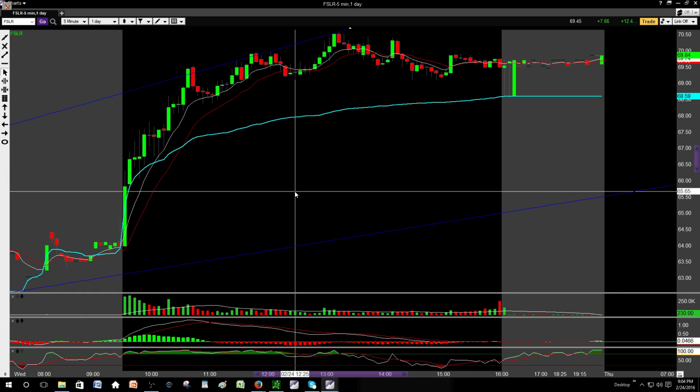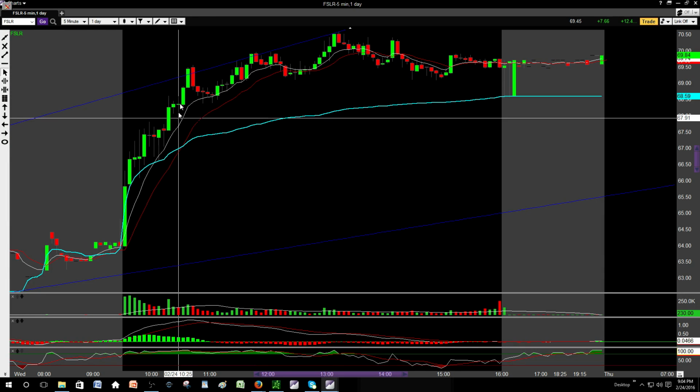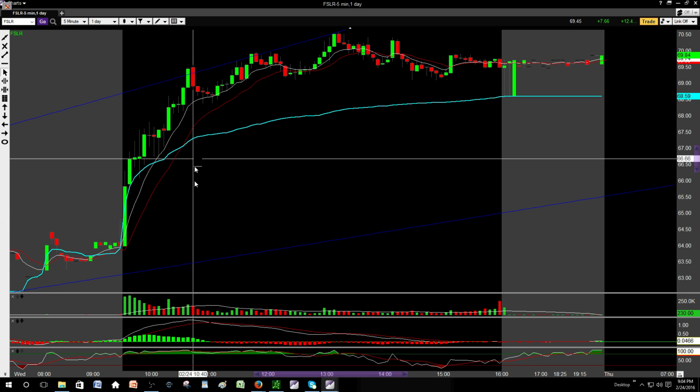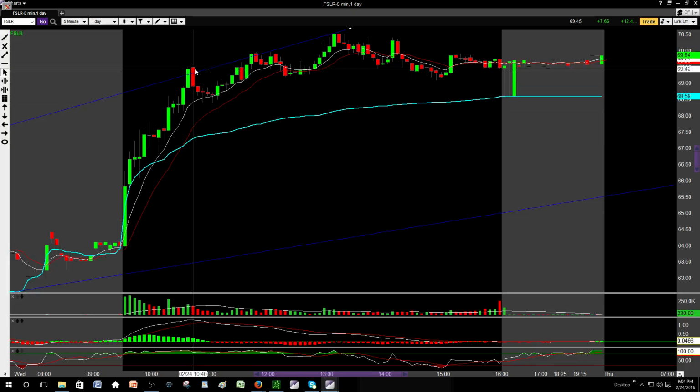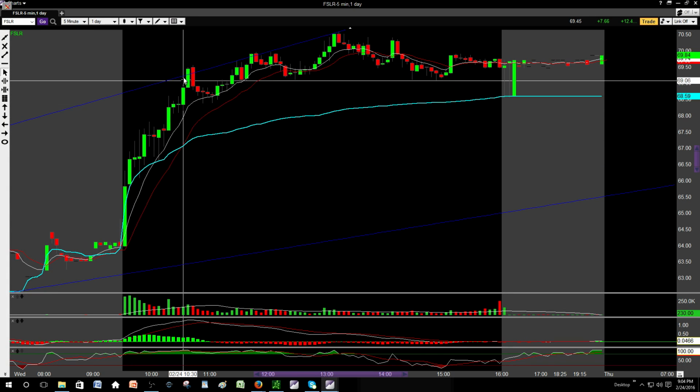The L2 is just a numerical form of the emotions that traders are feeling. At a certain point in this chart, you can see from this volume and this bar that the traders got tired of this chart going up, up, up.